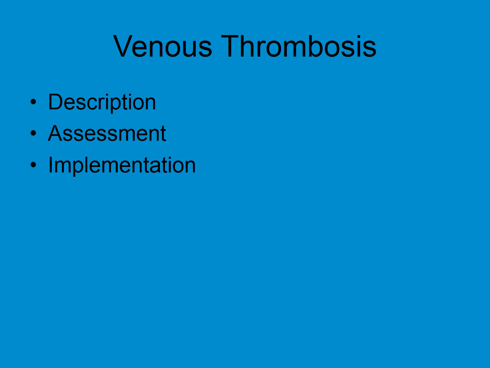Use dorsiflexion, and if it's positive, with pain on the back of the calf and increased warmth, then we want to suspect DVT and probably immobilize the patient and get a Doppler to confirm if there's a blood clot. If there is, then we want to make sure it dissolves. Otherwise, it could be dislodged, so we want to put the patient on bed rest. Once we know that they have a DVT, they're going to be taking Coumadin, an anticoagulant, to dissolve it. As a nurse, you should know the antidote for these drugs. Next slide.